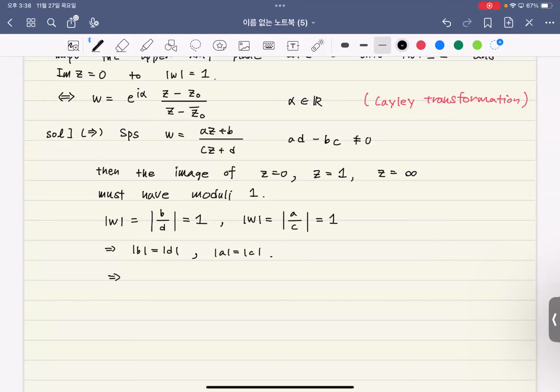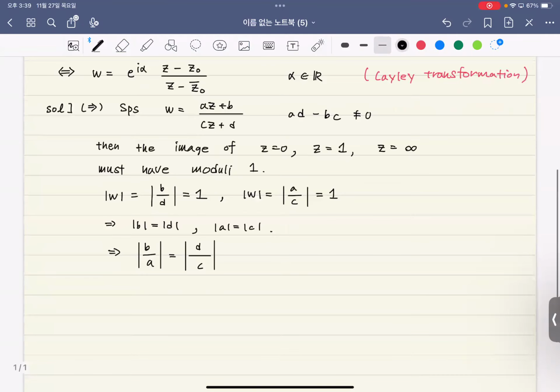And what if I divide these 2 equations side by side? Then |b| divided by |a| is |d| divided by |c|. It is always okay to extend this absolute value to the top and bottom of this fraction.